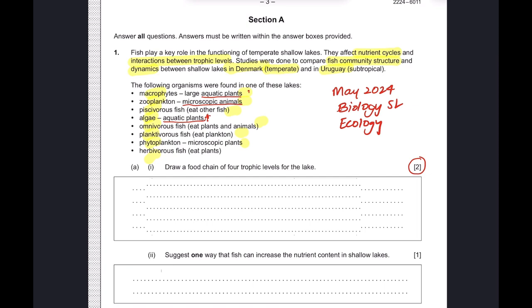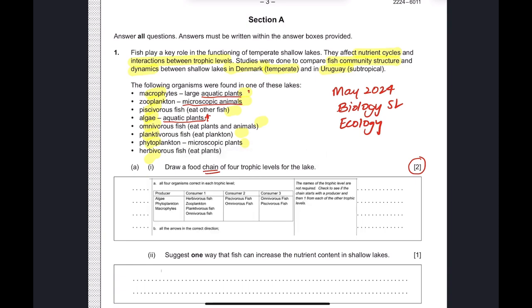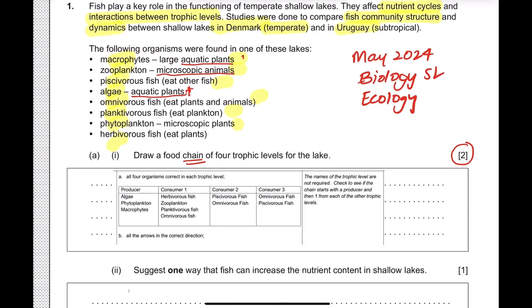One is for the food chain. We are talking about the chain and not about the web. So you can pick any of the chain here, that producer algae, any of these 3, consumers, any of these fish, then omnivorous fish, which is already given here, eating plants and animals, or the one that eats other fish, piscivorous fish, consumer 2 and consumer 3.